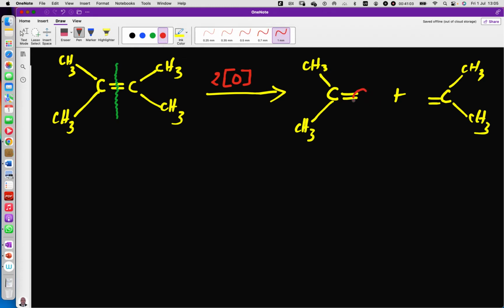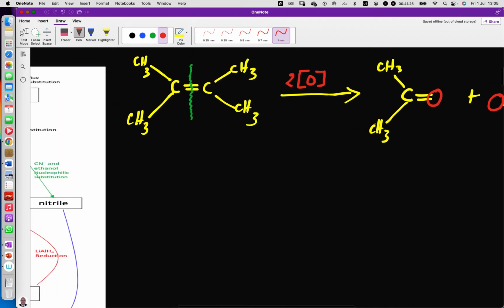You're going to get this one and this one. In that case, we now have two ketones. This is propanone, 1, 2, 3. Two ketones are being formed as a result of this breakage.